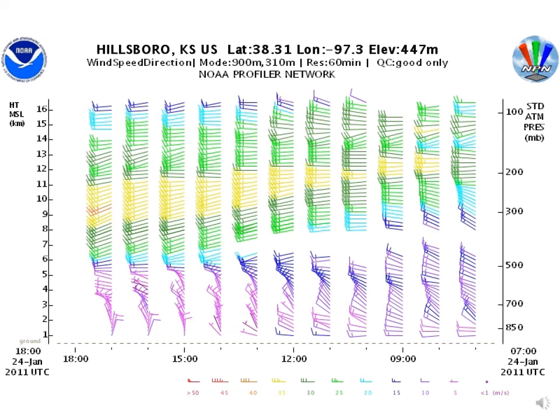By the time of the most recent observation, the peak wind speed is up around 45 meters per second, and the elevation of that wind speed maximum has decreased from 20 kilopascals down to closer to 30 kilopascals, or from about 12 kilometers down to about 9.5 kilometers.